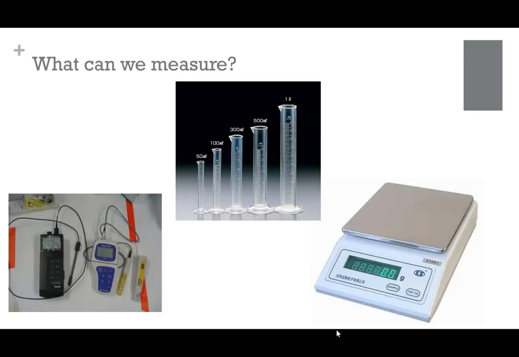So here are 3 things that we can measure in the lab. So this one down here in the bottom left, that's a pH meter. We'll relate that to this concept in general chemistry too, so the next semester. Here we see a series of graduated cylinders, so we certainly can measure volume, right? So in the coming chapters, we'll relate volume to this information.